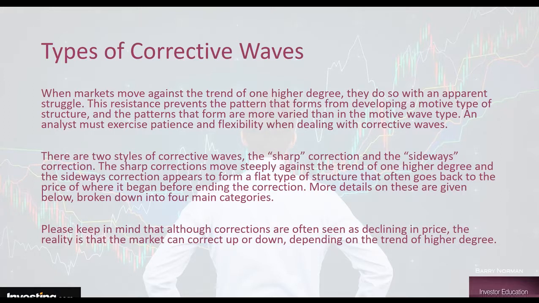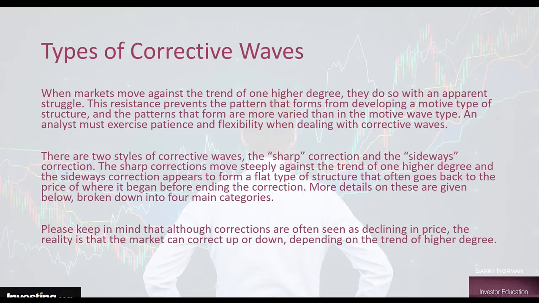When the market moves against a trend of one higher degree, it does so with an apparent struggle. This resistance prevents the pattern that forms from developing a motive type of structure, and the patterns that form are more varied than in a motive type wave. An analyst must exercise patience and flexibility when dealing with corrective waves.